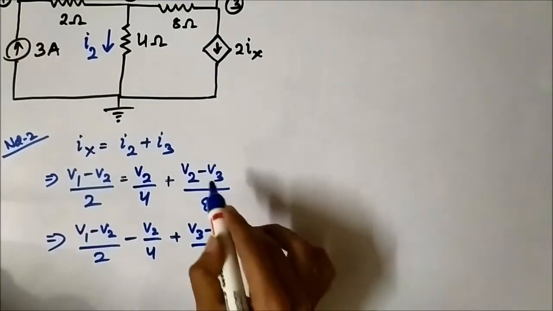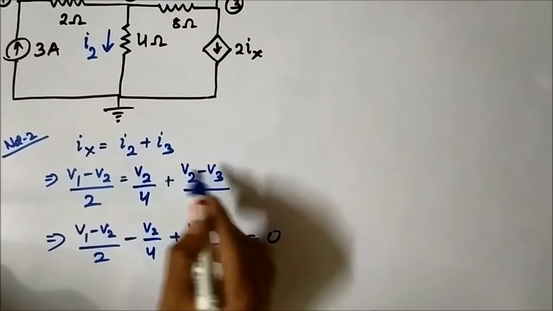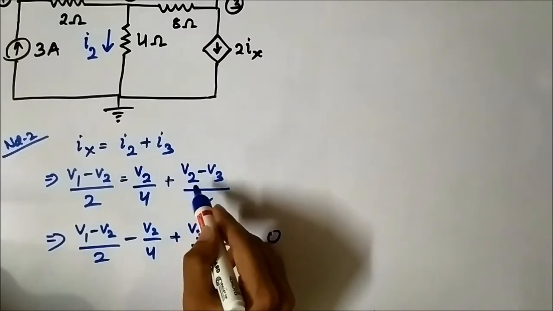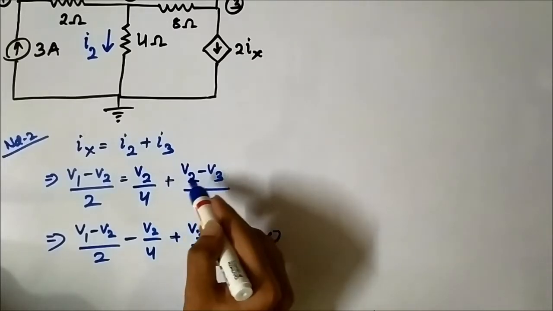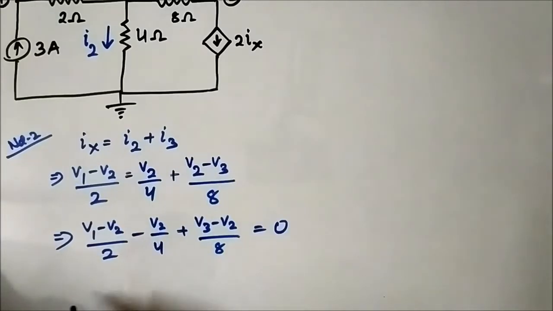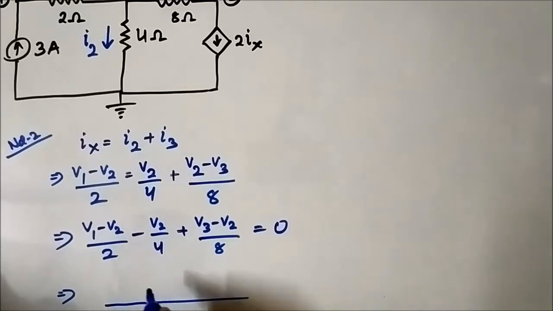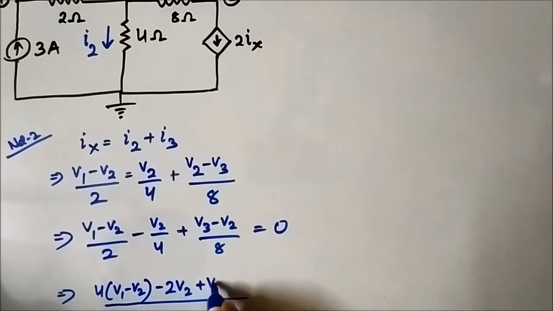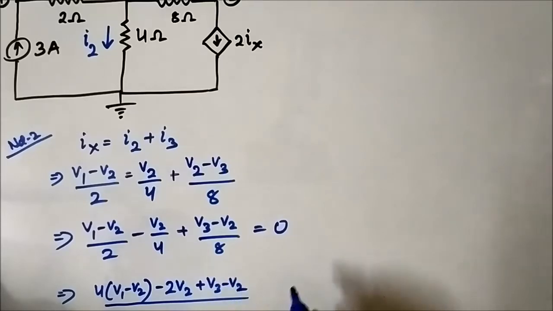V2 minus V3, when we took it to the left side, becomes V3 minus V2 by 8. Minus V2 minus V3 by 8 is the same as V3 minus V2 by 8. Now the LCM is 8. So here it becomes 4 into V1 minus V2 minus 2V2 plus V3 minus V2 is equal to 0.